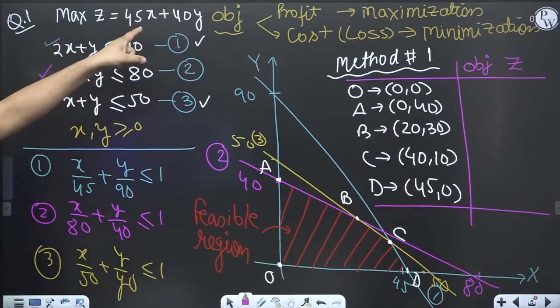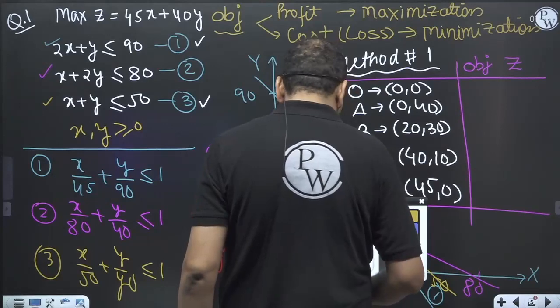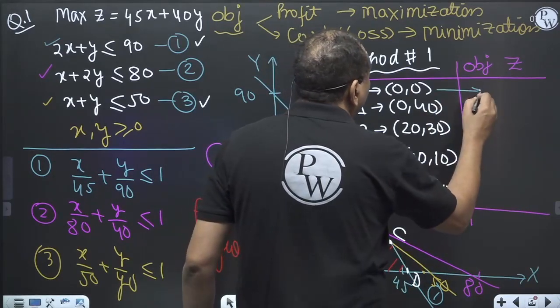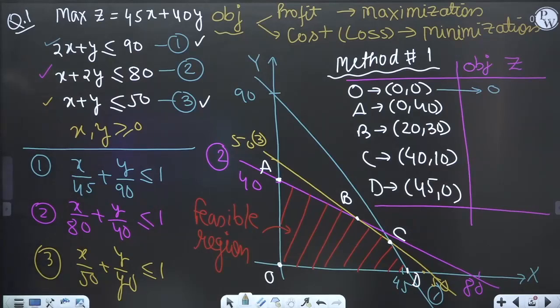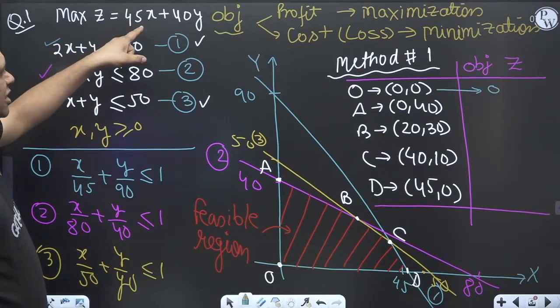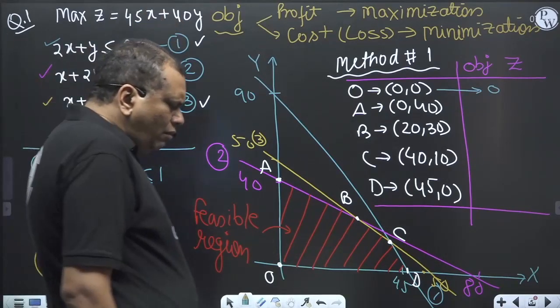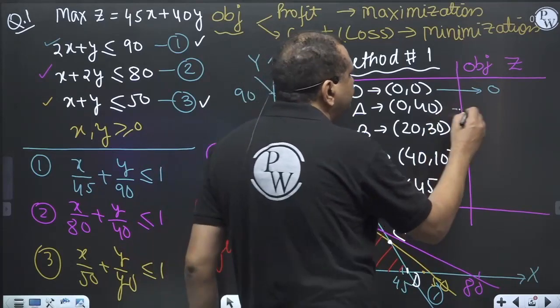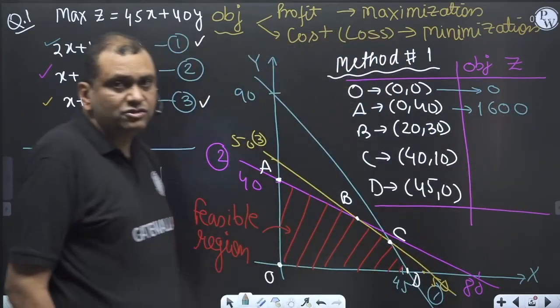So put (0, 0), so this will be 0. Put the value of A in the objective function, (0, 40). So 40, so it will be 1600.